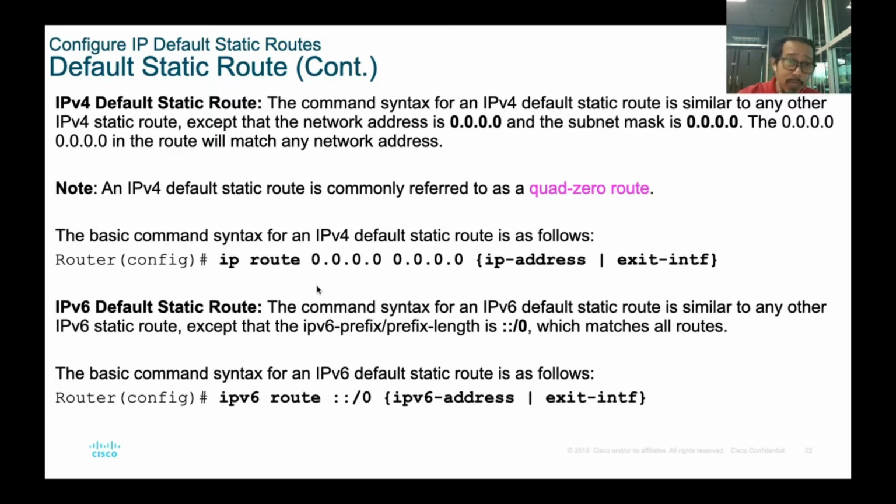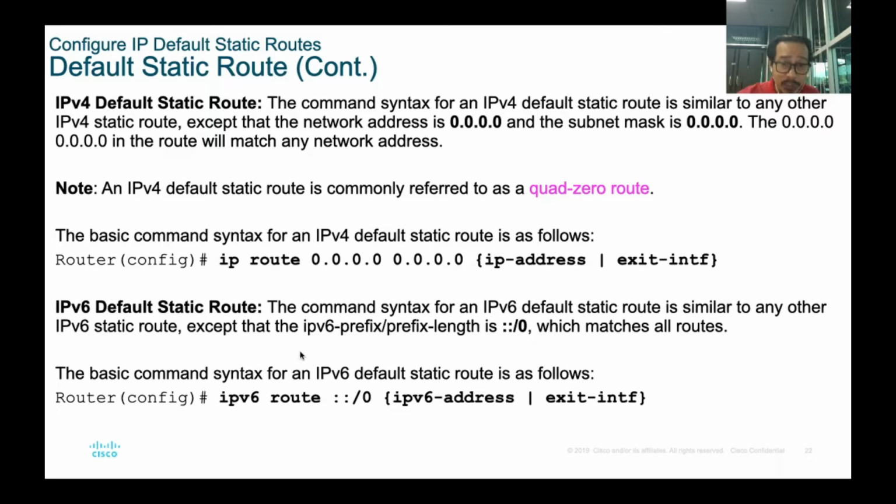So the command will be ip route 0.0.0.0 0.0.0.0 and then follow the rules of a static route. Either you put the next hop or the exit interface, or the exit interface with the next hop, or you add a distance, which I have not explained yet. But never mind. That's the way to put a default route.